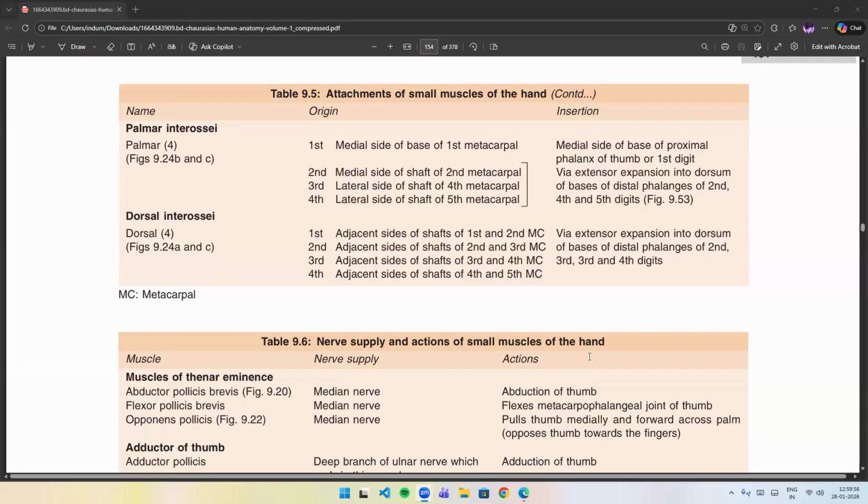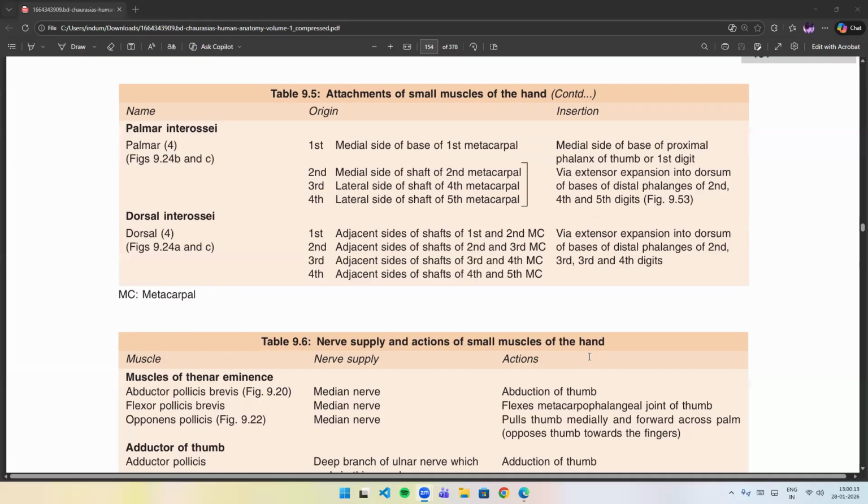Insertion: the first one is via medial side of base of proximal phalanx of thumb or first digit, and the rest of the 3 via extensor expansion into dorsum of bases of distal phalanges of second, fourth and fifth digits.